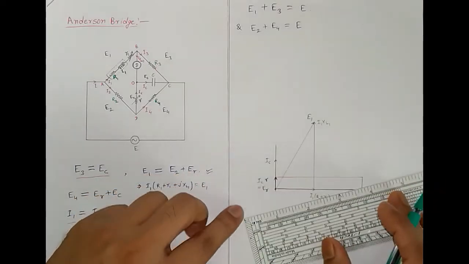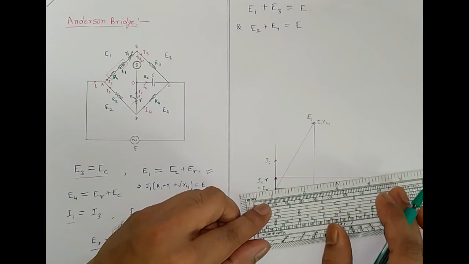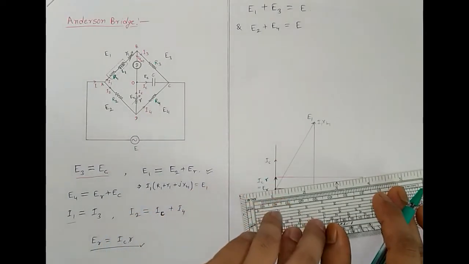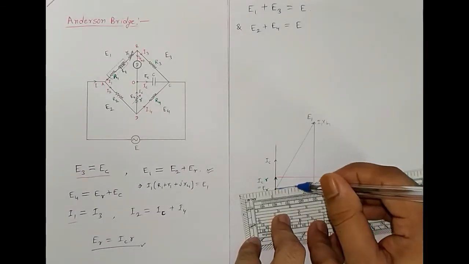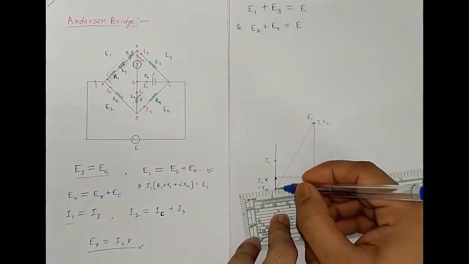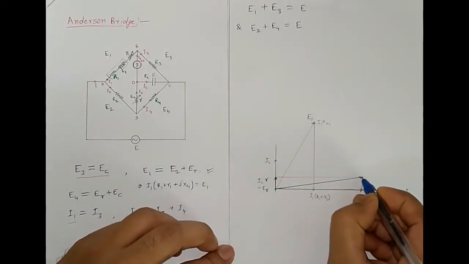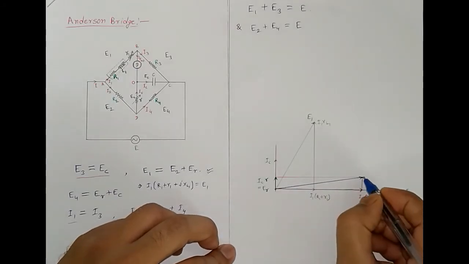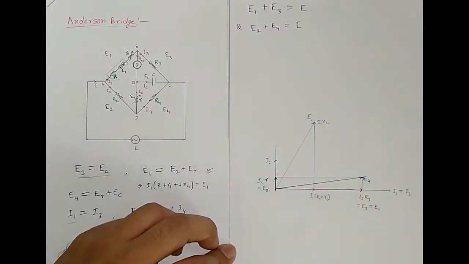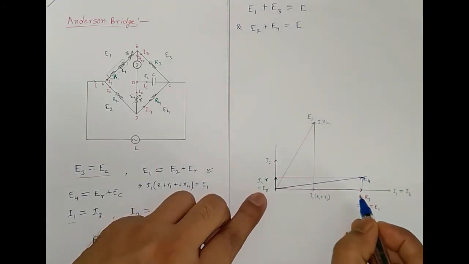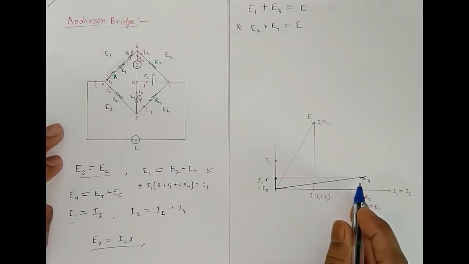The resultant of both, ER plus EC, gives us E4. Now we know that this is E4 and this is E1.